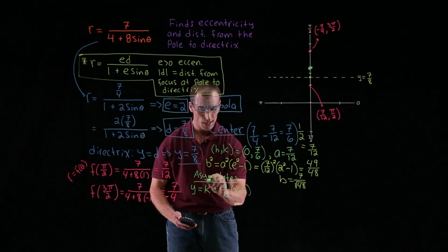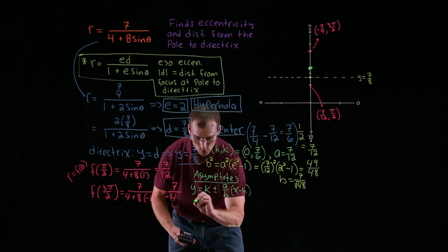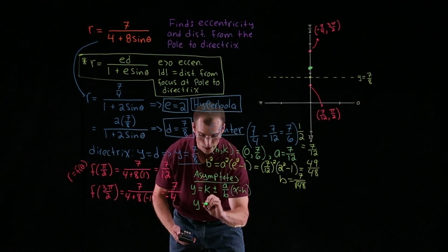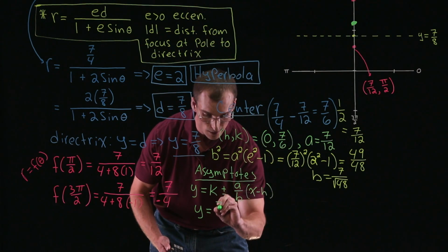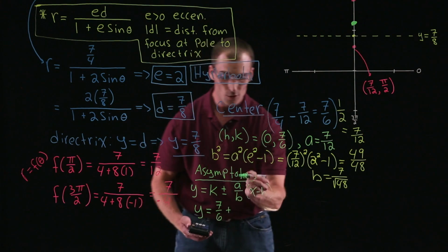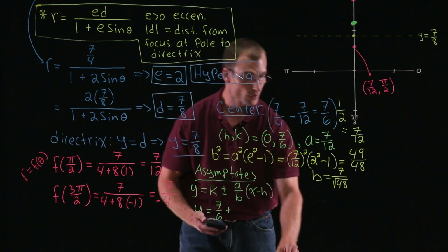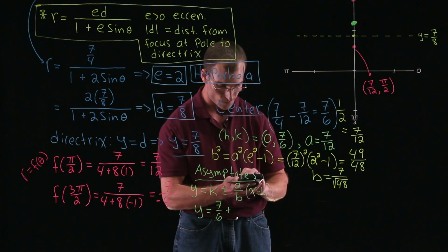So plugging in our h, k, a, and b, we can get this line, and we'll have two of them. We'll take y equal to k, the y coordinate of our center, 7/6, and then plus a over b. So a is 7/12 divided by 7 over the square root of 48.